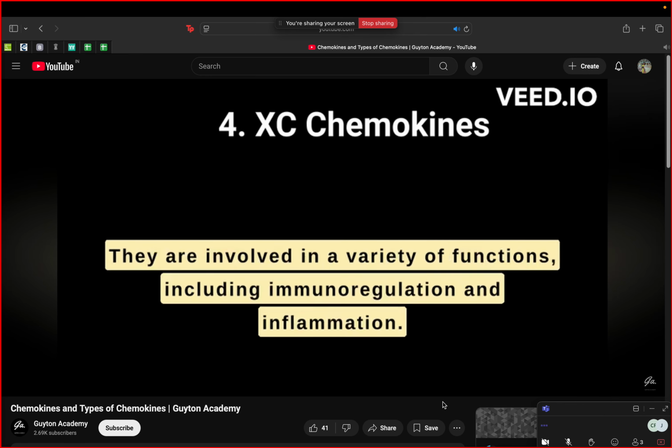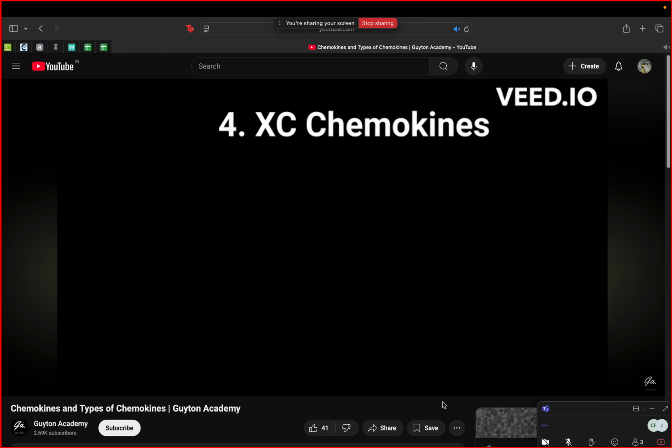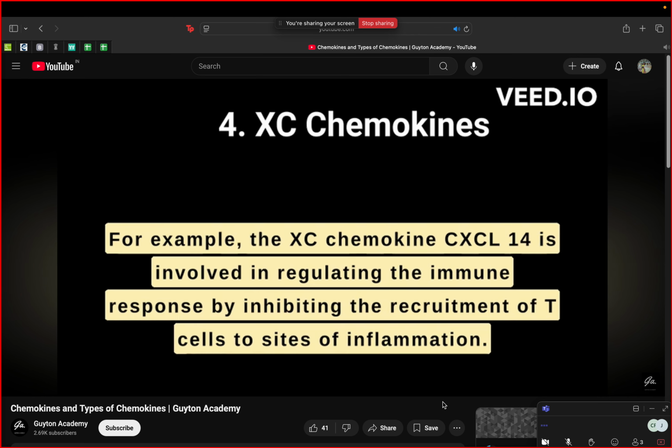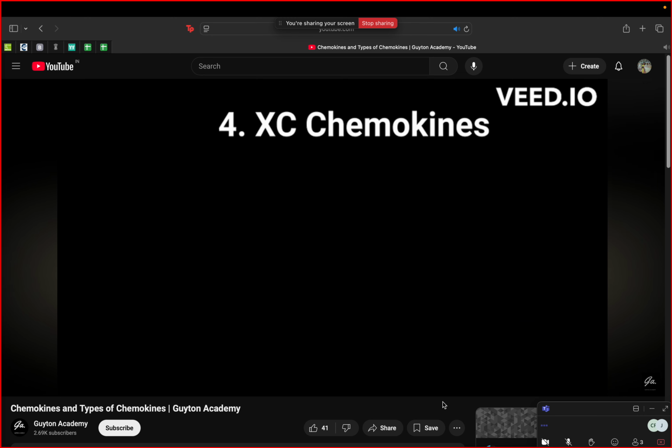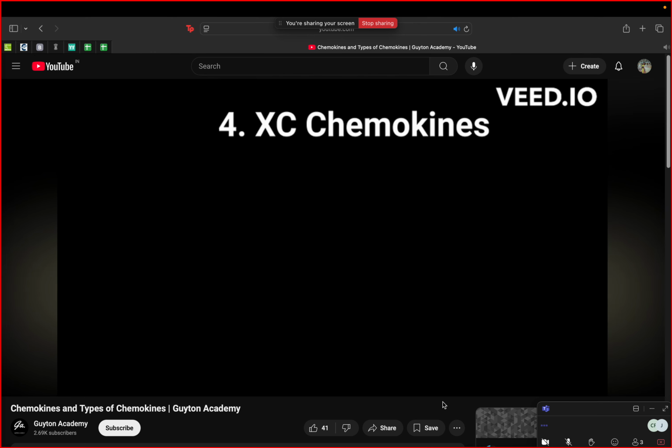XC chemokines. They are involved in a variety of functions, including immunoregulation and inflammation. XC chemokines are involved in regulating the immune response. For example, the XC chemokine CXCL14 is involved in regulating the immune response by inhibiting the recruitment of T cells to sites of inflammation. Some subtypes of XC chemokines include CXCL14 and CXCL16.